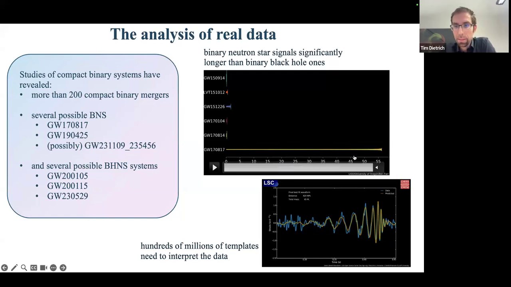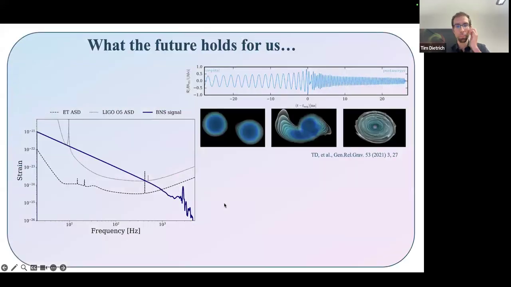And here's a signal that is just a minute long, or if you start at a lower frequency, 2 minutes long. In advanced LIGO, if you just look into the future, this scenario gets even more problematic. Here is now the gravitational wave strain, so the amplitude of the measured gravitational wave signal in the frequency domain.